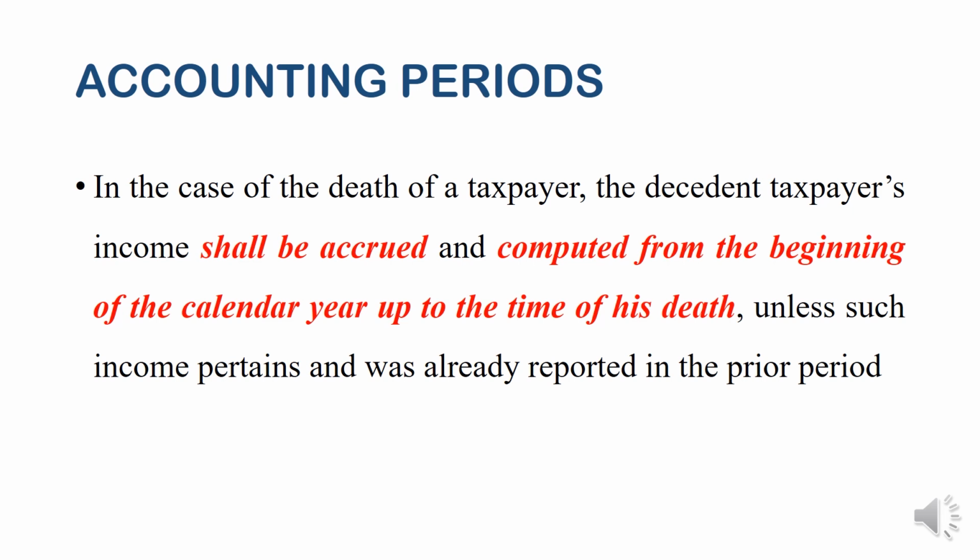So for example, if the taxpayer died on November 1, 2020, the income shall be computed from January 1 to November 1. We will not wait for December 31 to end the calendar year because there was no taxpayer from November 1 to December 31, since he died already on November 1. So the income shall be accrued only until such time of his death.